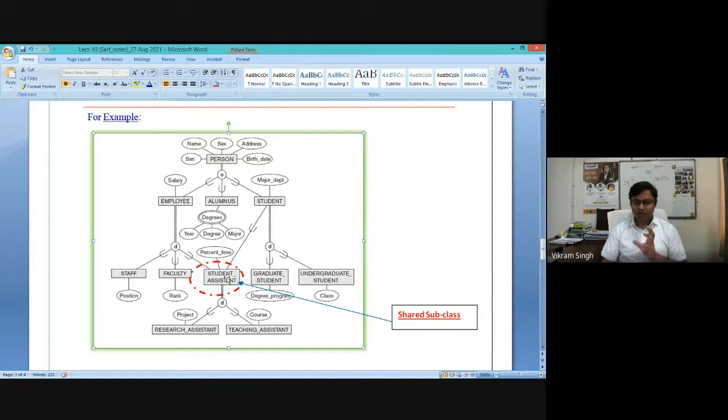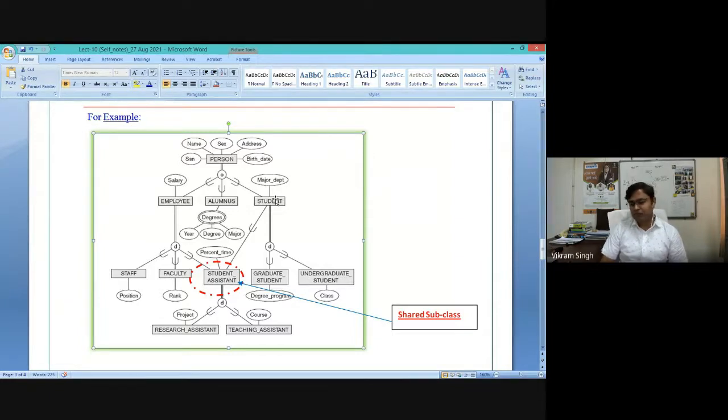So primarily what happens whenever we see these kinds of entities which are related to more than one entity, like this student assistant is related to the employee entity and it is also related to the student sub-entity, because it is possible that a current student could also be assisting a faculty, right?